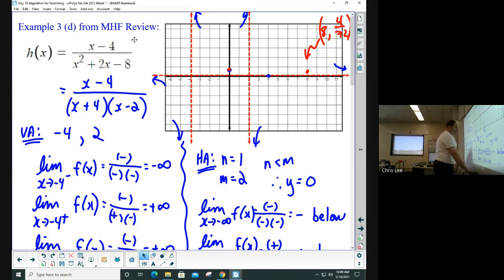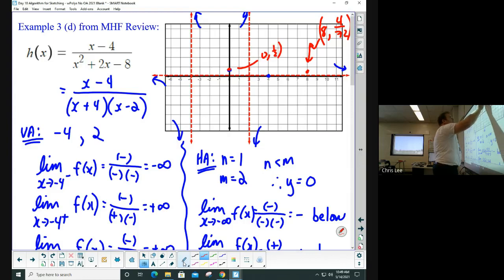Okay? All right, I should also plot this other point, which is 0 and 1/2.